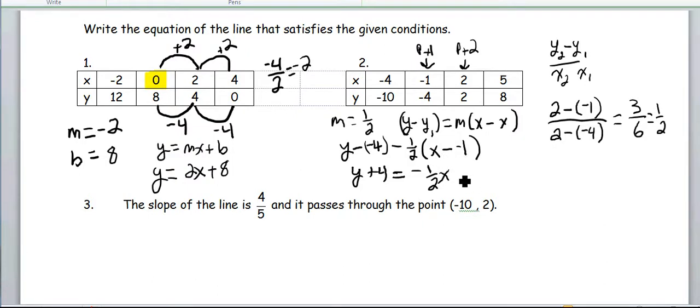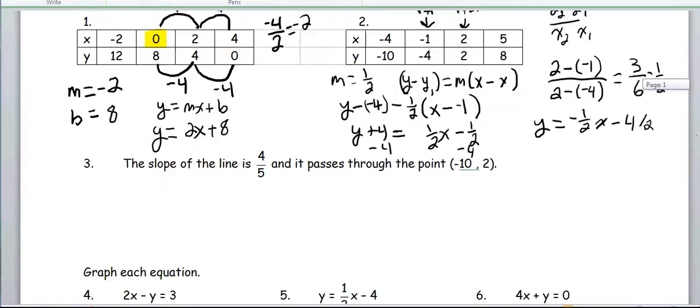So that would be minus 1/2. Alright, now I'm going to subtract 4 from both sides. And then I would get y equals negative 1/2 x. And then negative 1/2 minus 4 is minus 4.5.